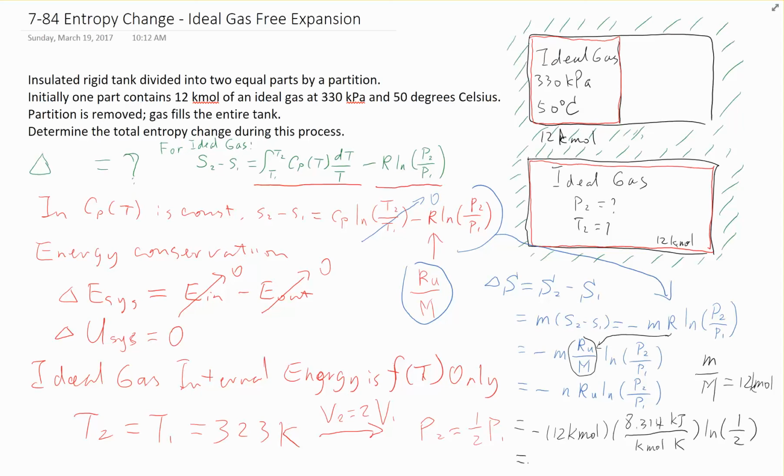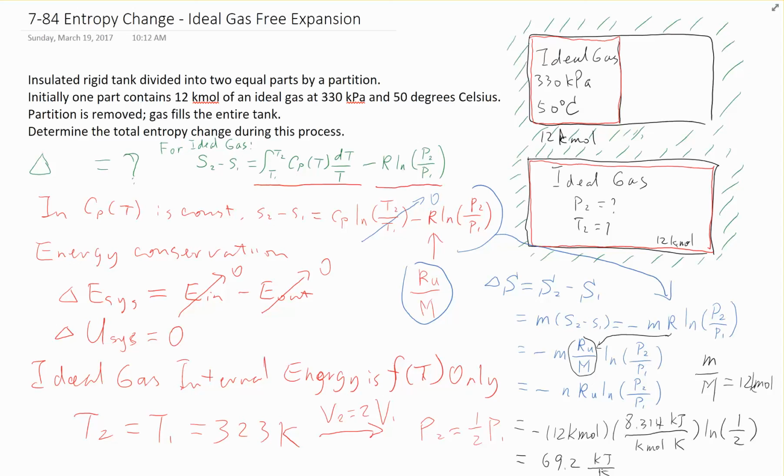Now you can plug these numbers into your calculator and verify that the result is 69.2 kilojoule per K.